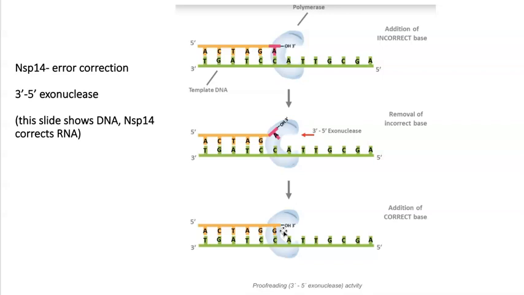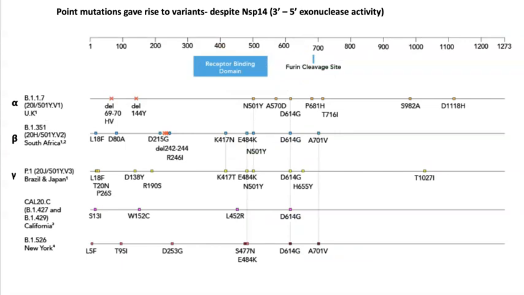But again, despite having NSP14, the virus still makes mistakes, as we can see from this slide. These are some examples of changes in the genomes of some of the variants that have arisen. Again, point mutations giving rise to variants, and not just point mutations, but deletions as well.